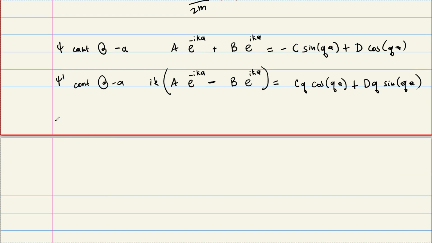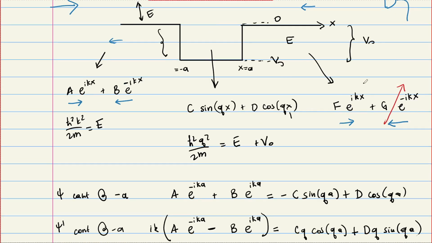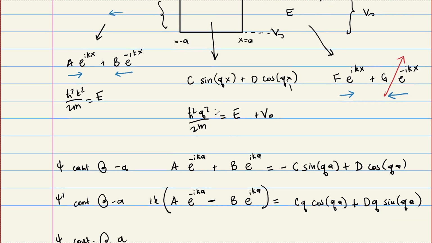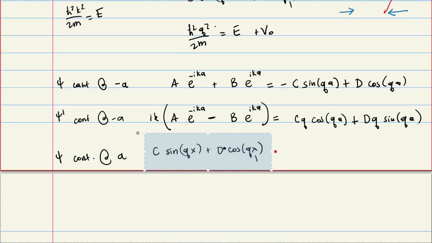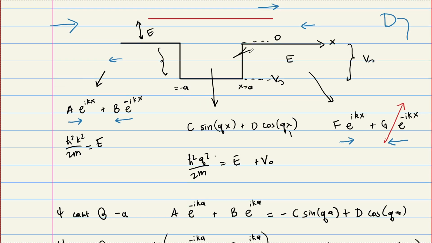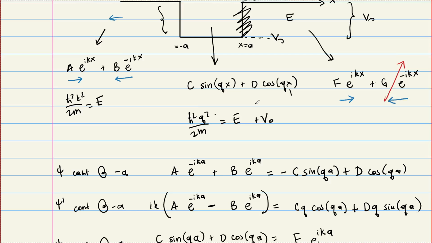Now I will do the same thing for psi continuous at a. This one is a little bit more friendly because I have only one term here, so let me just copy this. So this thing, I'll put a here, is equal to f e to the ika. So now I am using this boundary condition, right? I am putting plus a now.